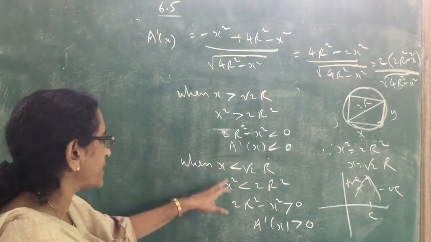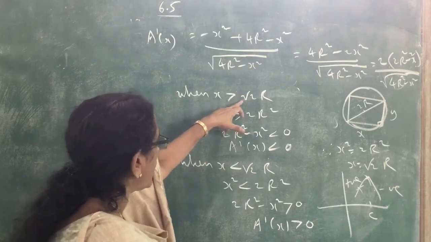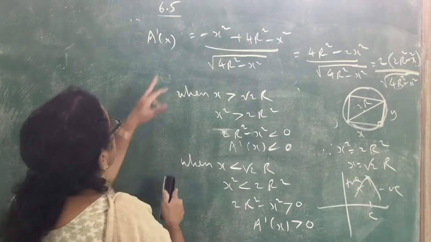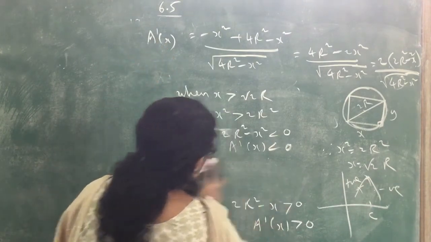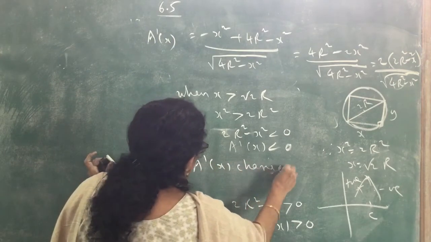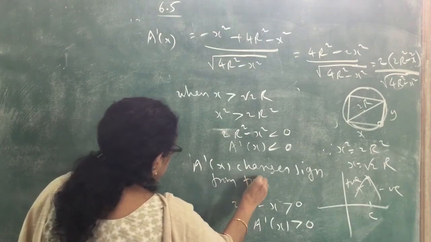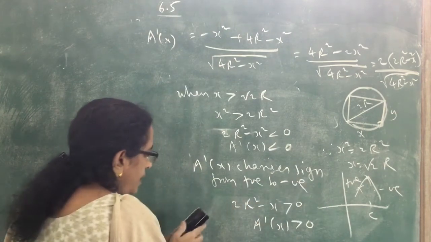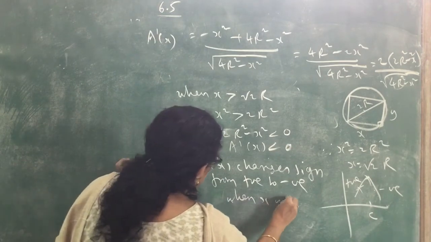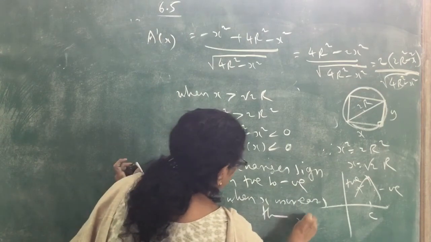So same thing we got: A dash x changes sign from positive to negative as x increases through root 2r.